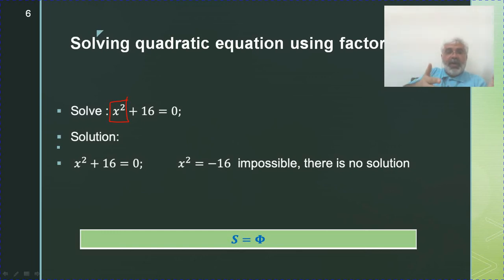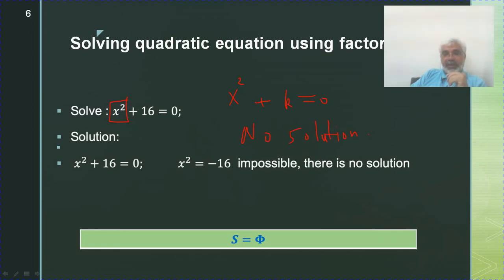So if you have something like this, x squared plus any number, it doesn't have to be 16. x squared plus 1, x squared plus 2, x squared plus 5, x squared plus 20, x squared plus any number. So I can say that if x squared plus k equals 0, then there is no solution.